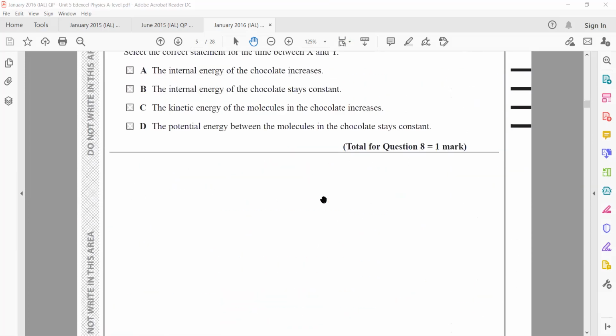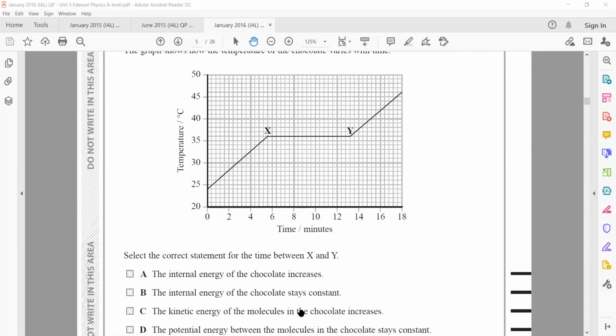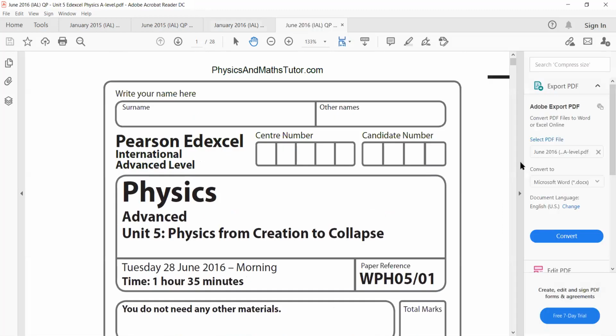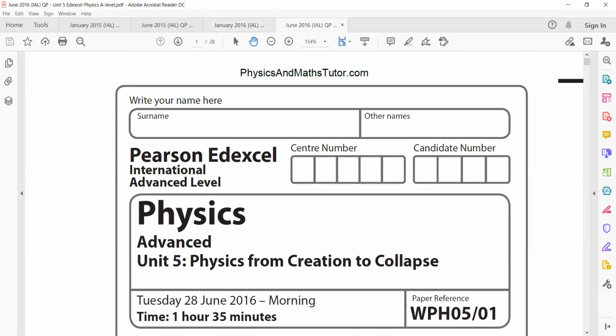Then this is about the simple harmonic. Another question, June 2016, Unit 5.